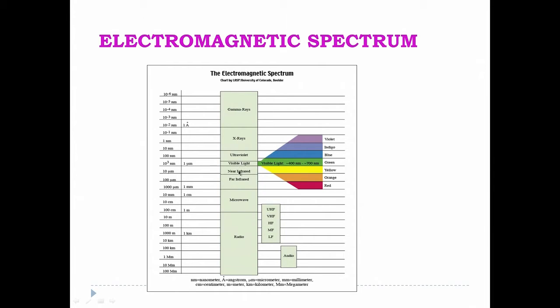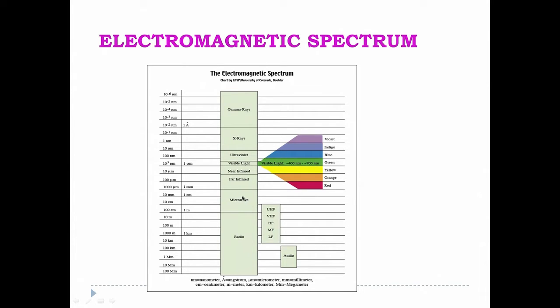Then after the visible range I have near infrared, far infrared, and then microwave. Microwave you are all very familiar with, ranging from 1000 micrometers to 1 meter, 100 centimeters. We use microwaves in our kitchen also.